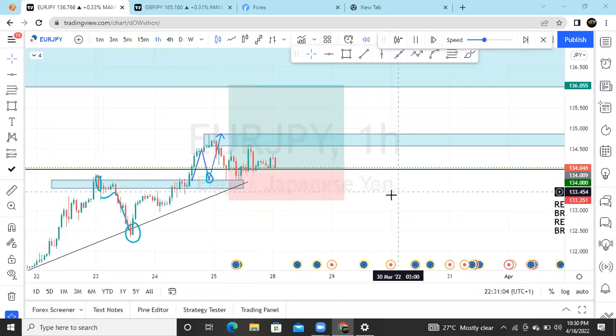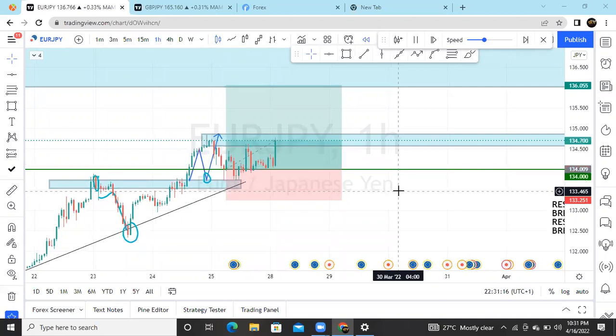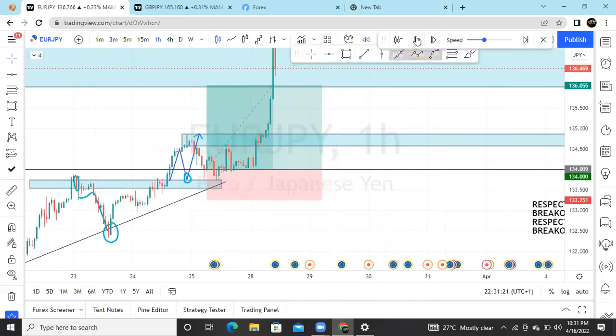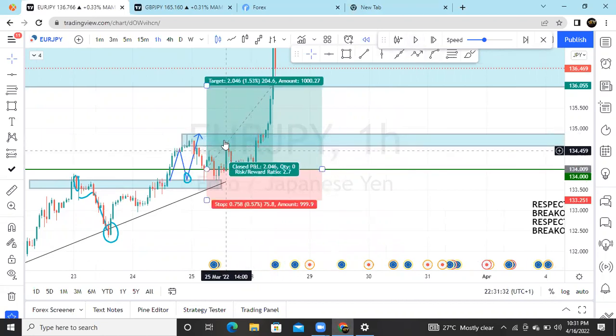Let's see how the market plays out. Boom. Did you see that? So our first trade closed at this point. Our second trade was still playing out, right?